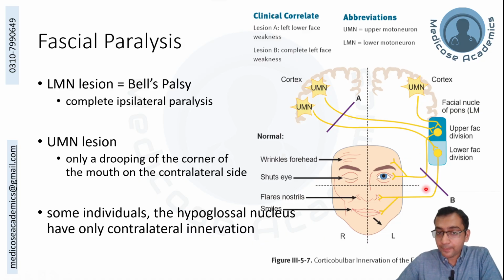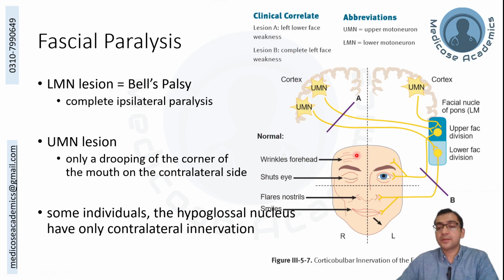This is a picture from Kaplan's neuroanatomy. Here is the facial nerve nucleus, and it is shown to supply the muscles of facial expression. It leads to the wrinkling of the forehead, it helps in shutting the eye, in making the nasolabial fold, and in closing the mouth and helping you smile.